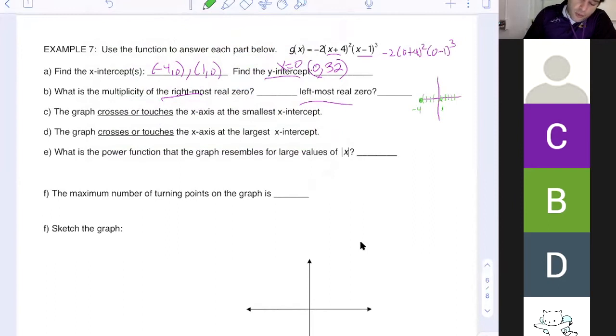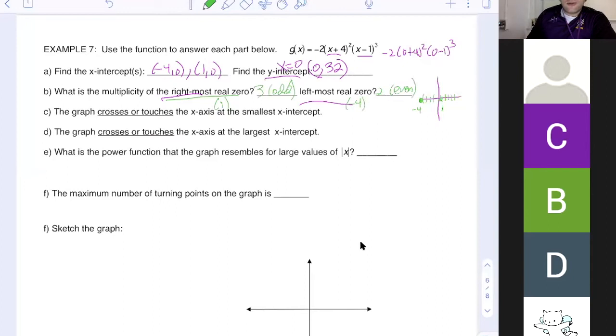When it says the rightmost zero, they're talking about the zero that's all the way to the right, which would be the number 1. And the leftmost zero is the one all the way to the left, which would be -4. So now they want to know the multiplicity of the rightmost zero. Well, the multiplicity of 1 is the number 3, or it's odd. And the multiplicity of the leftmost zero, that's 2, which is an even number.